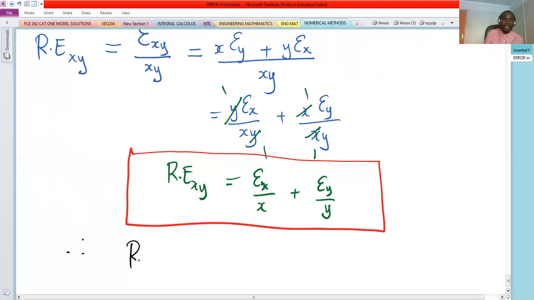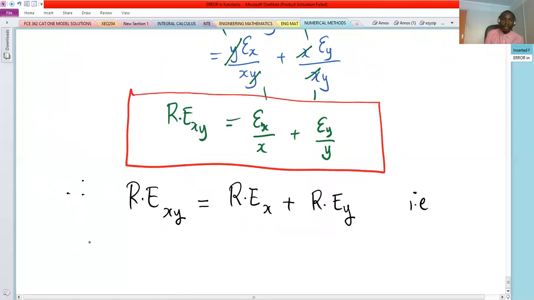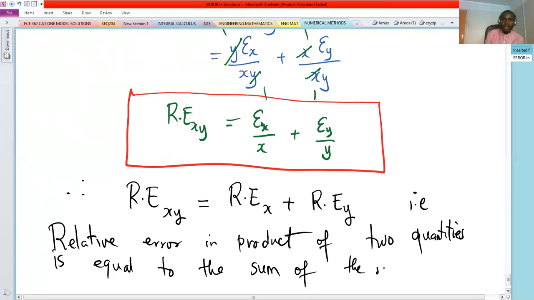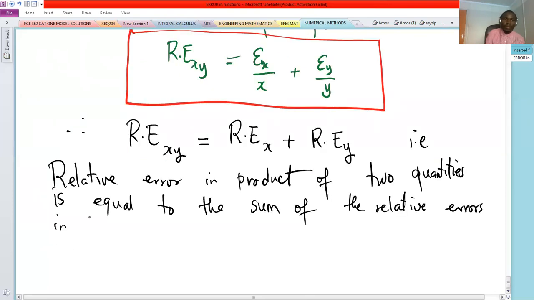So therefore, the relative error in the product of two values x and y can just be given as the sum of the relative errors of the two quantities x and y, i.e. relative error in the product of two quantities is equal to the sum of the relative errors in the two quantities given.